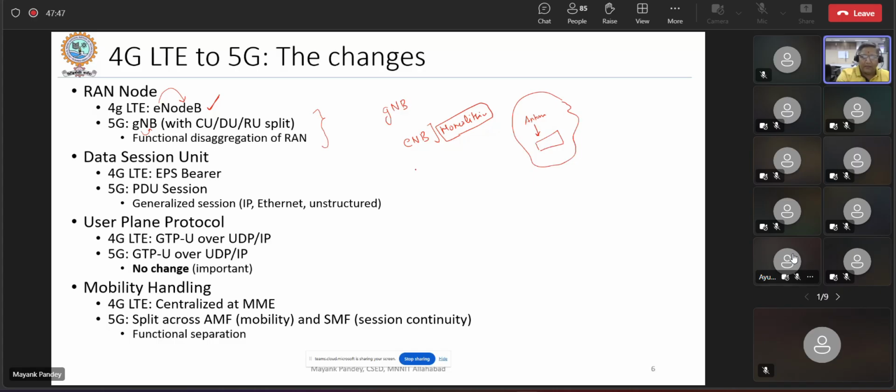What is G node B? It is broken down into three units: control unit, distribution unit, and radio unit. Now for 5G, what is happening? Suppose there is a big city, generally we'll be having only one control unit somewhere in a data center.